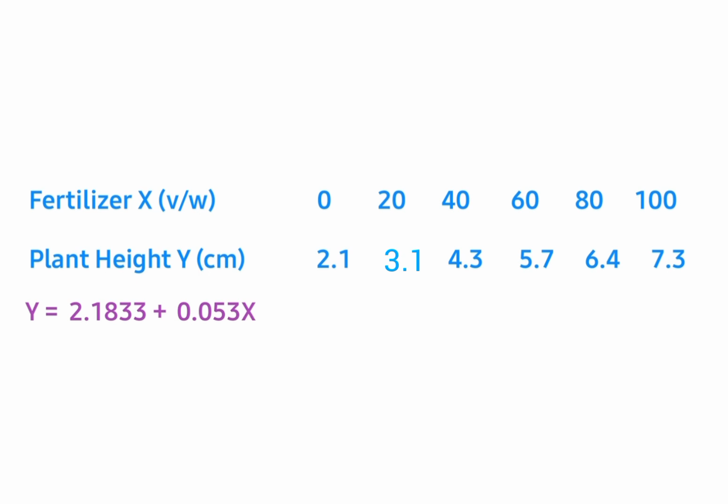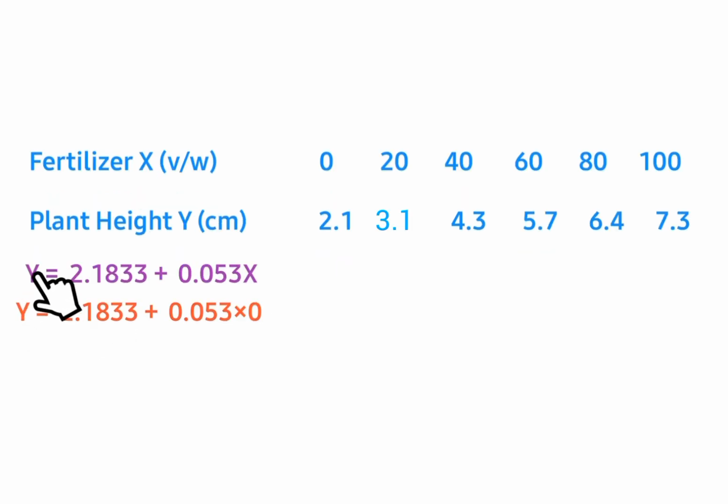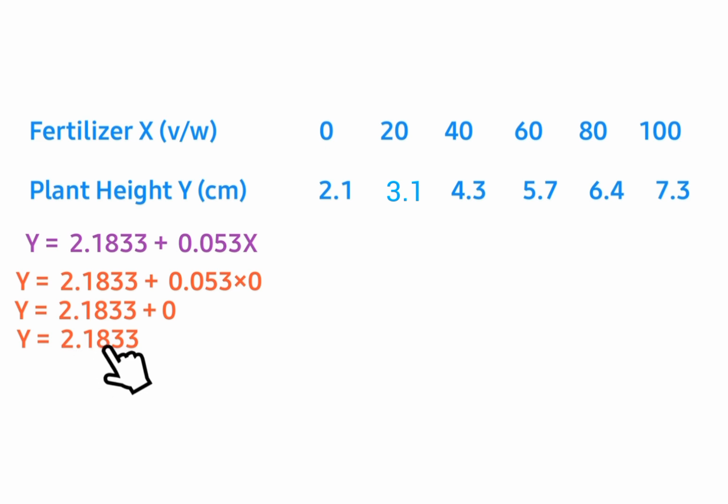Looking at this equation, we could see our x variable, that is the independent variable. Basically what we'll do is take the least value of x in the table. The least value here is 0. Substitute it into the equation. y equals 2.1833 plus 0.053 times 0, which is 2.1833.